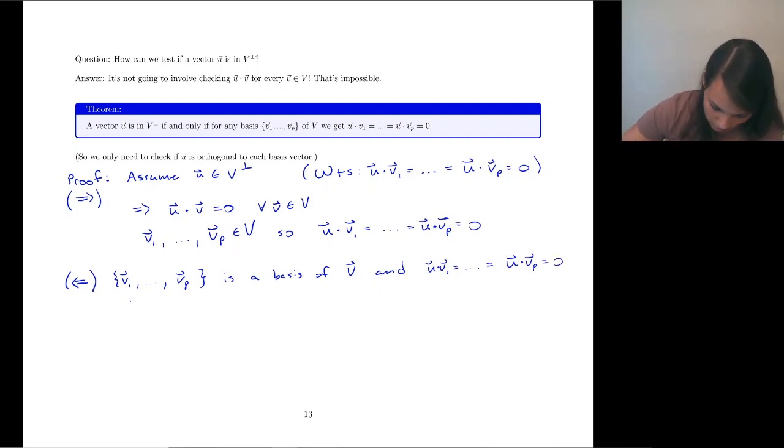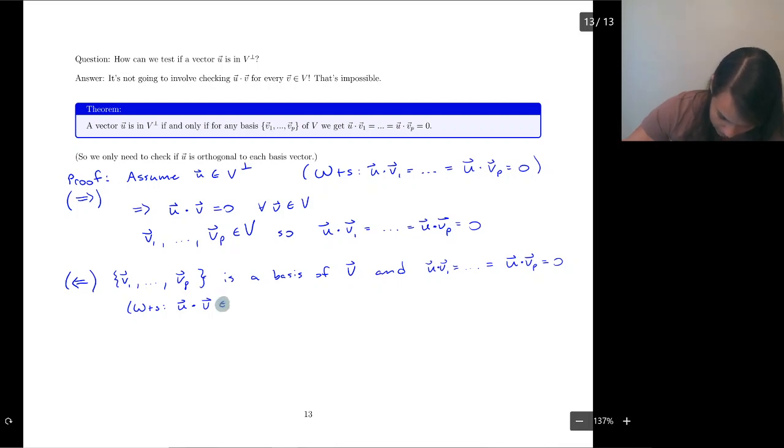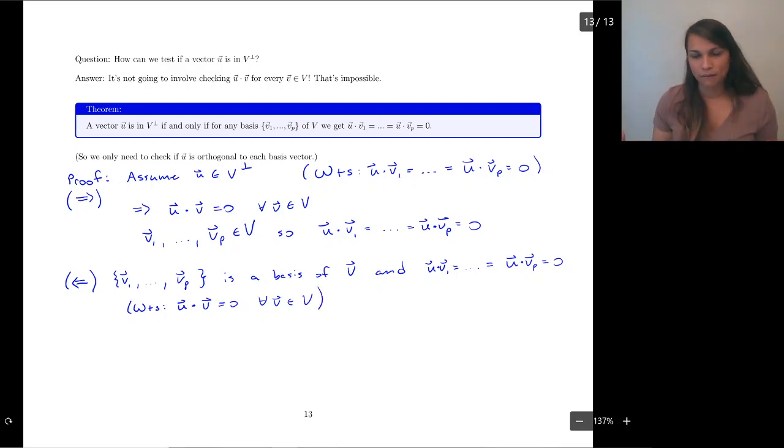What we want to show is that this is going to be 0 for every v. But how do we do that if all we know is it works for the basis vectors?